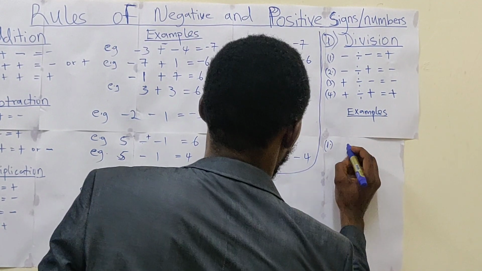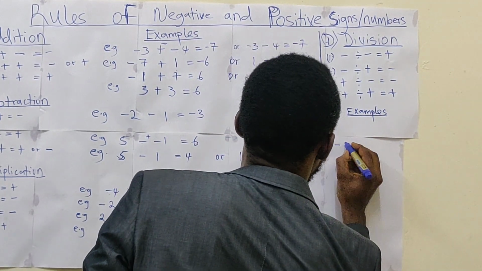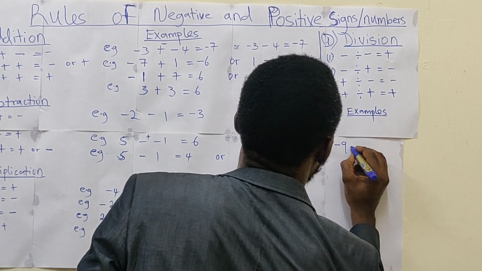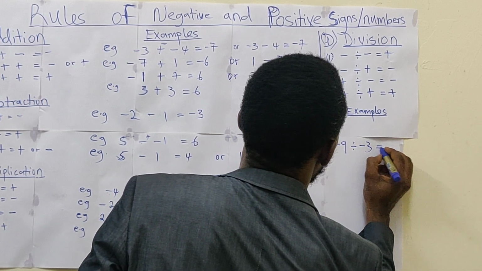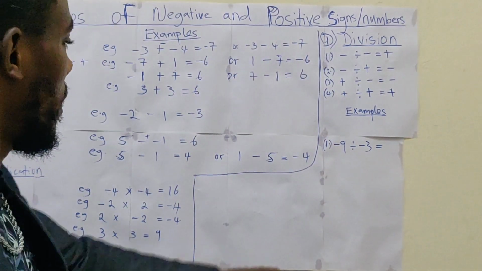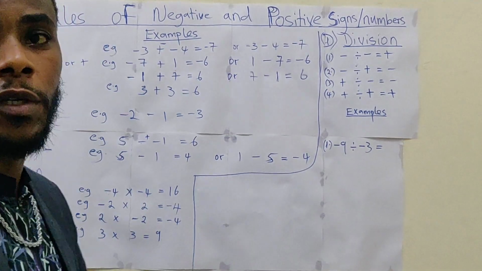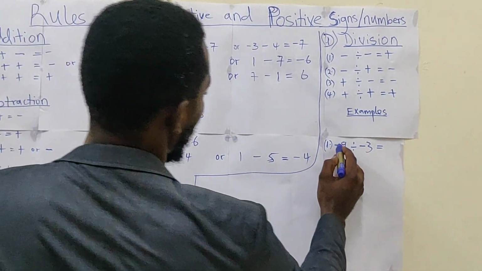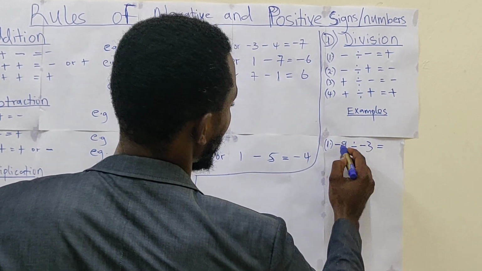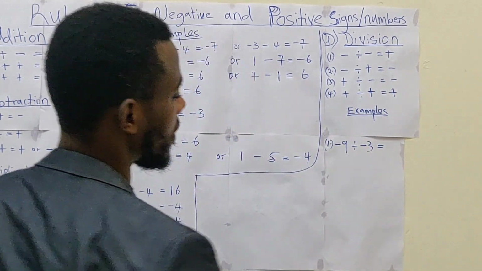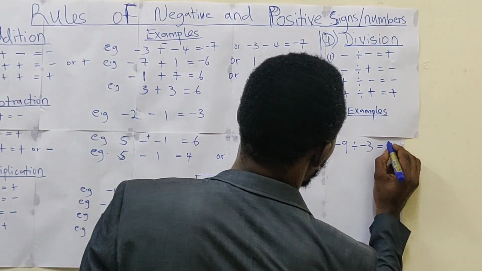Let's take negative 9 divided by negative 3. So this negative will cancel with this negative. So we have 9 divided by 3. So 9 divided by 3 is 3.